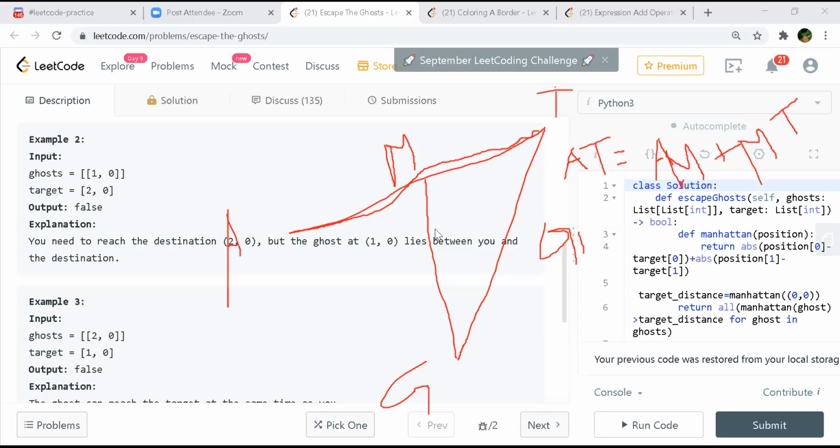AT is equal to AM plus MT. Now in this triangle GMT, we have GM plus MT, which is greater than or equal to GT, right? This is the triangle inequality.